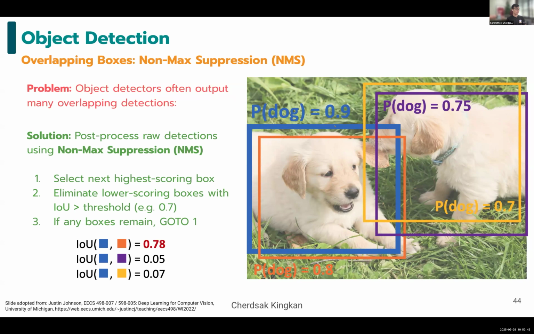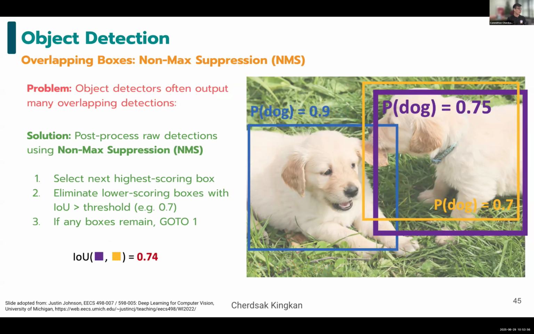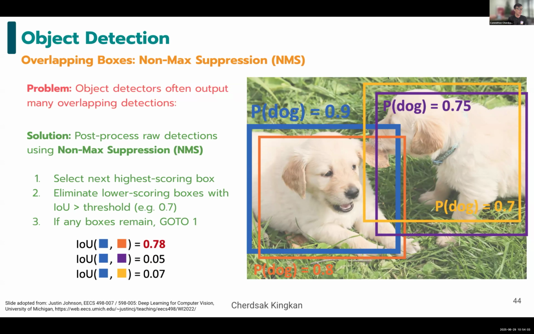Now the purple and yellow boxes are left, so we repeat the same process: we select the next highest one. Blue is already done, so the next highest score is the purple one, because it has a probability of 0.75 of being a dog, while the yellow one is 0.7.